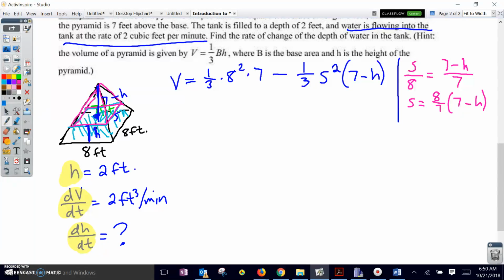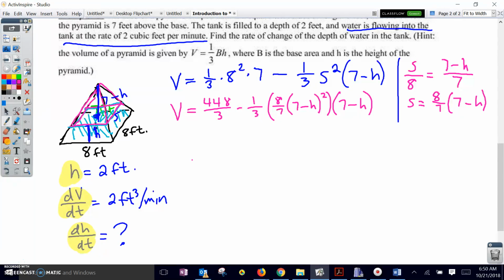And now I can substitute that into my volume formula to get the volume strictly in terms of h. So I've got 1/3 times 64 times 7. Let's see, that's 448 over 3 minus 1/3 times 8/7, quantity 7 minus h, quantity squared, times 7 minus h.